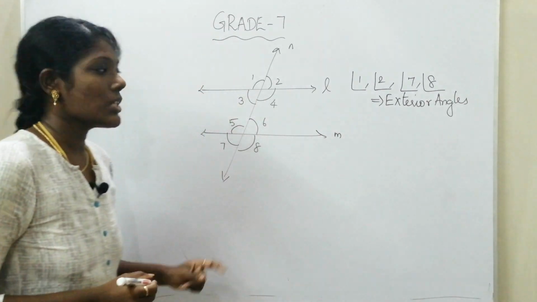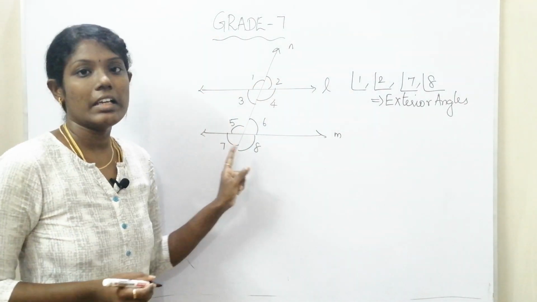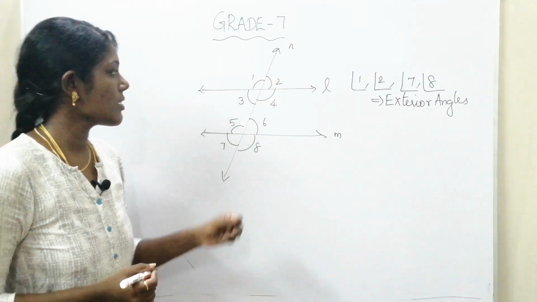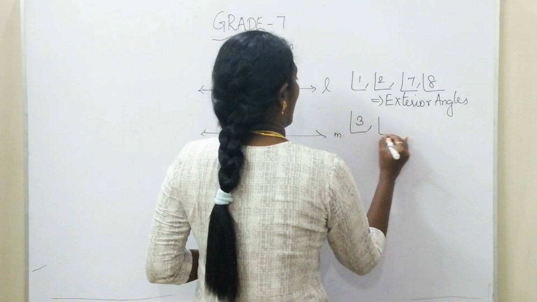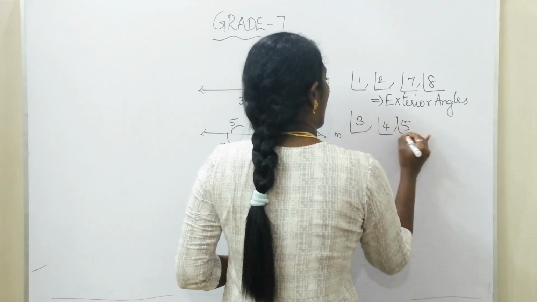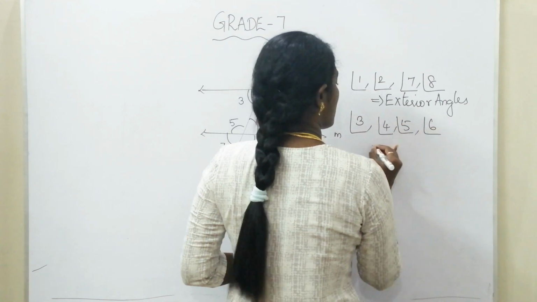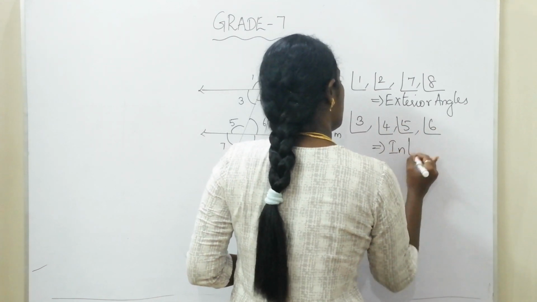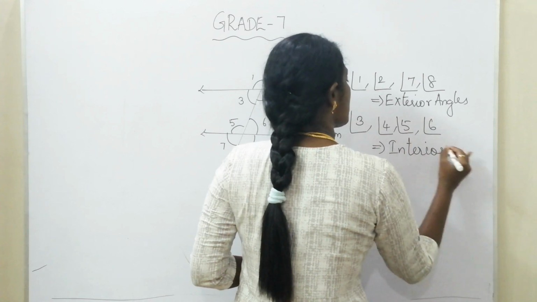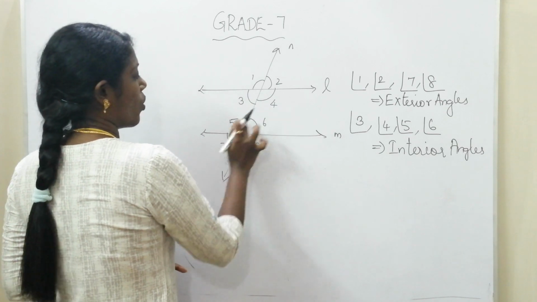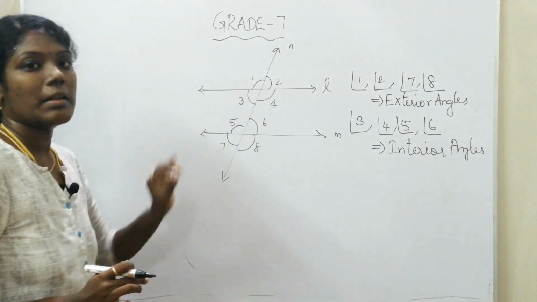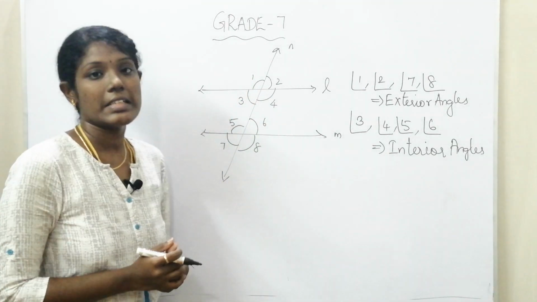Those angles which are outside the lines are called exterior angles. Next, angle 3, angle 4, angle 5 and angle 6 are called interior angles as they are inside those parallel lines. If you see, 3, 4, 5 and 6 are inside the parallel lines, so they are called interior angles.